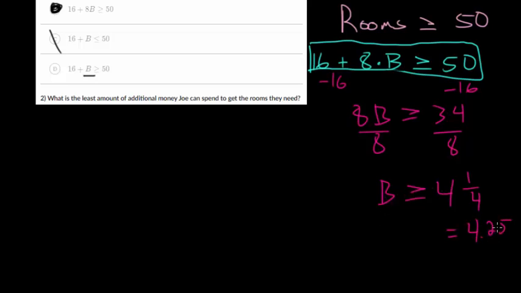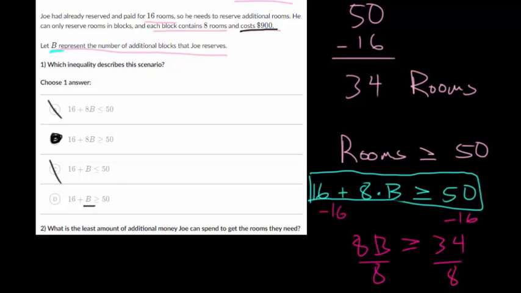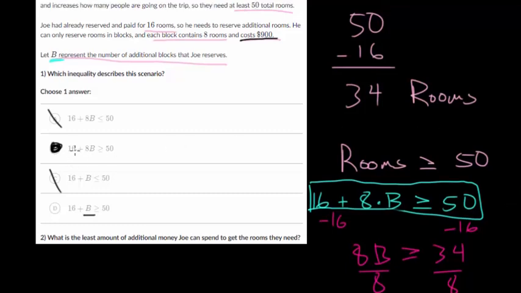And you have to buy whole number blocks. You can't buy a fraction of a block. So we could either buy 4 blocks or we can buy 5 blocks. If we buy 4 blocks, that wouldn't work, because you'd have 16 plus 8 times 4, which is 32. 16 plus 32 is less than 50, right? Because that's just 48.